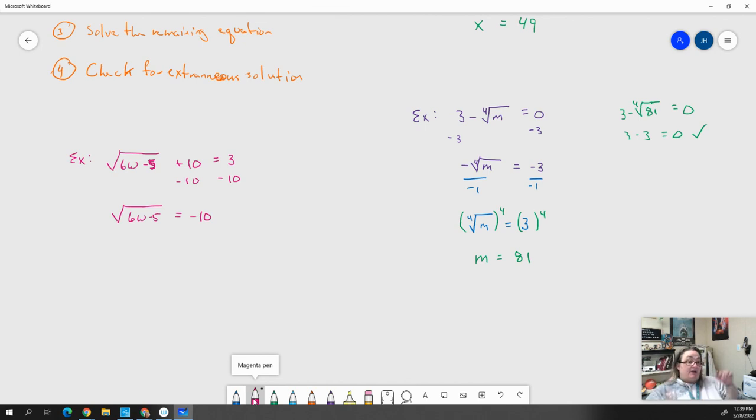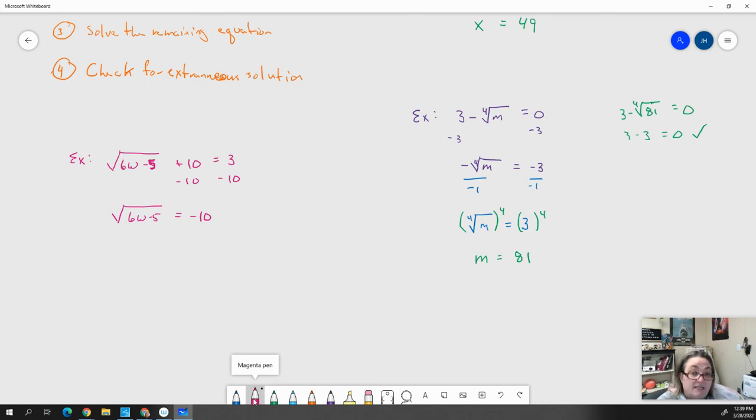So I could look at this right now and see that my radical is already set to something negative, and I know that can't be true. It could be true if it was like a third power or a fifth power or seventh power, if it was an odd power, but I have an even power, right?